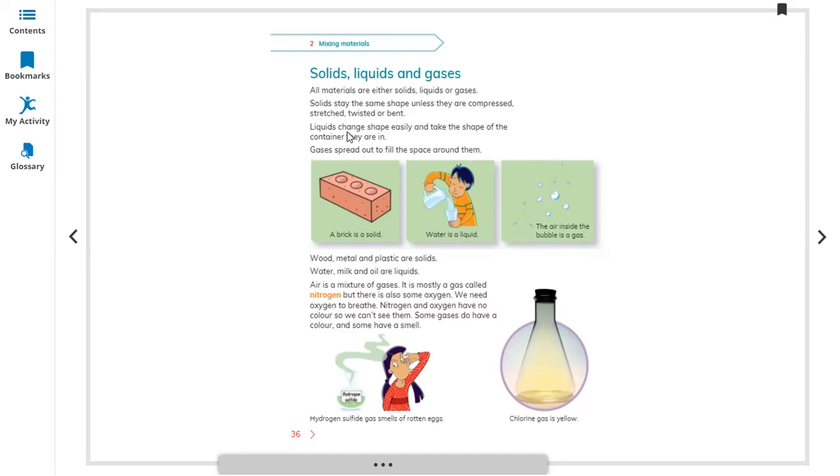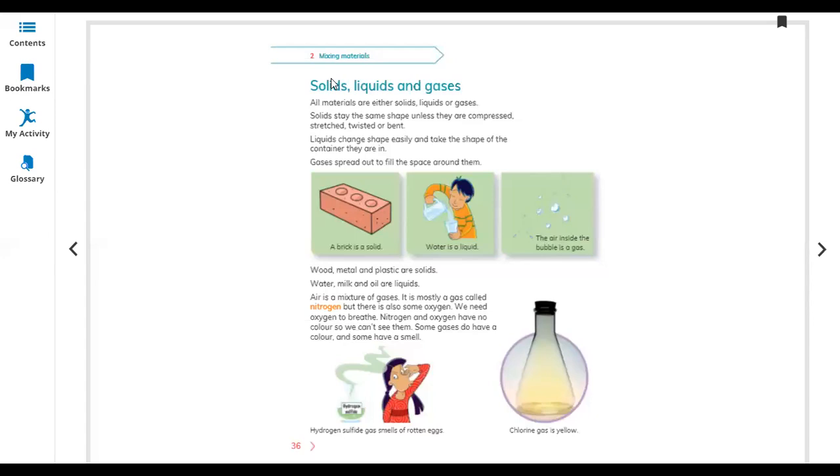Liquids change shape easily and take the shape of the container they are in. Obviously, they don't have their own shape. Like water: if you put it in a glass, a cup or a bottle, it takes the shape of that container.